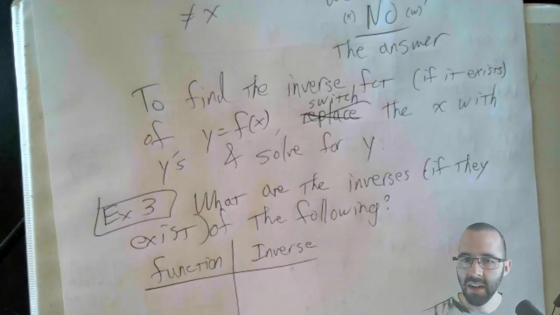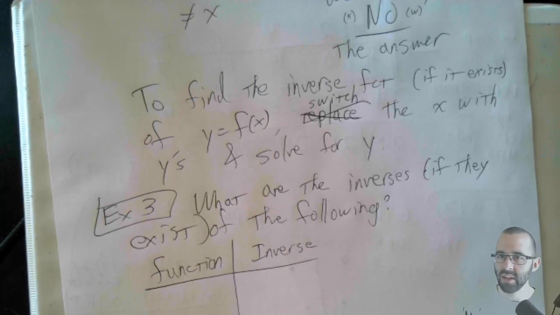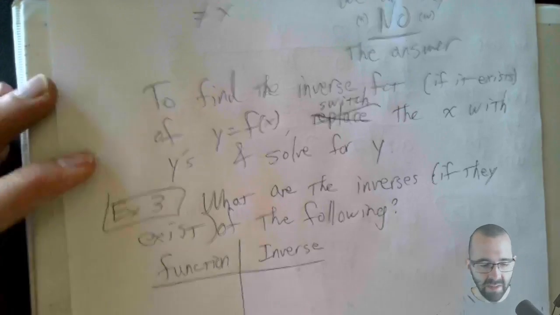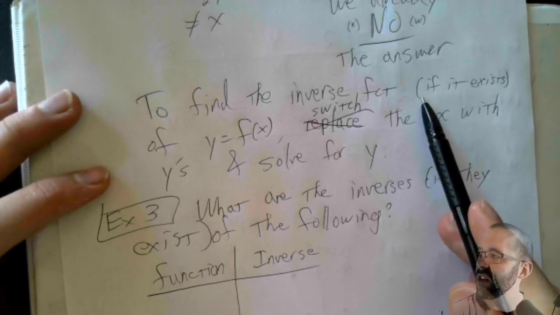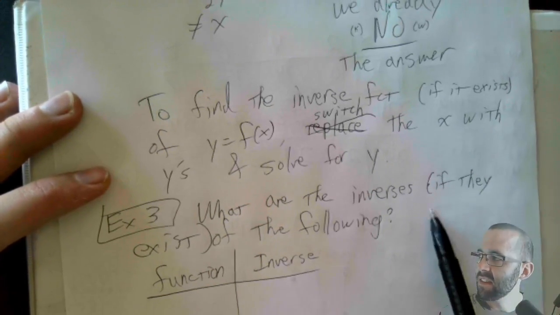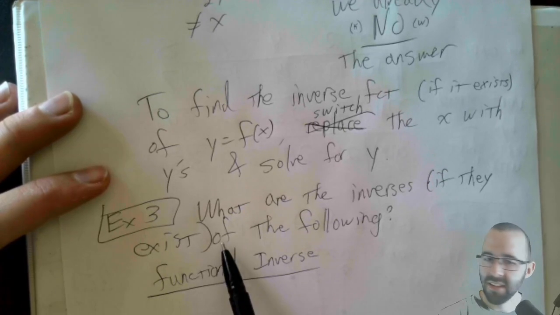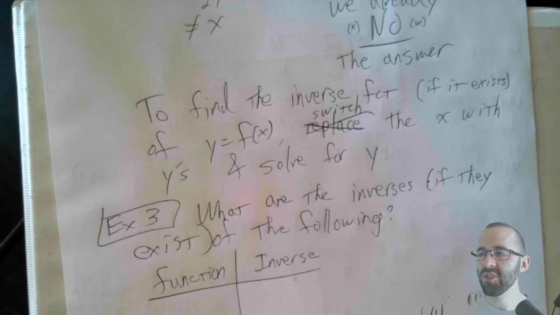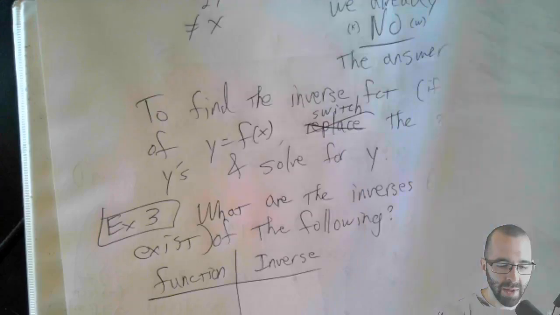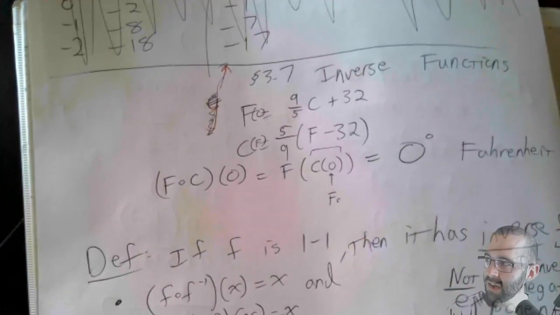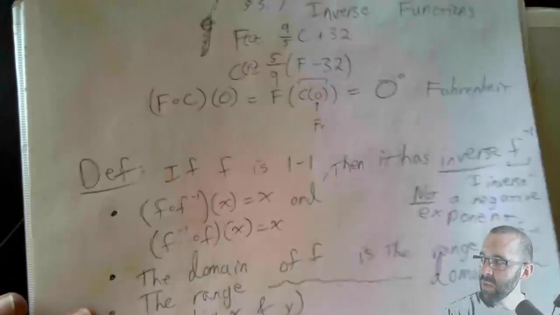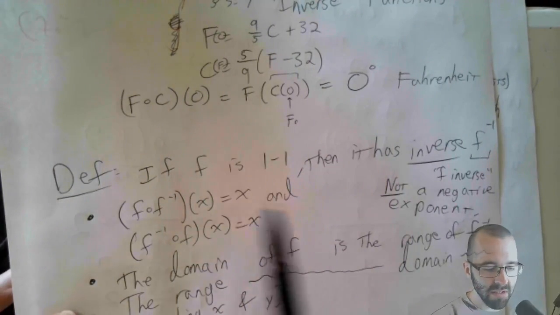All right. So really quickly, we included this little parenthetical: if it exists, if they exist. Remember back to the definition, which I will show you. How do we know if something has an inverse?